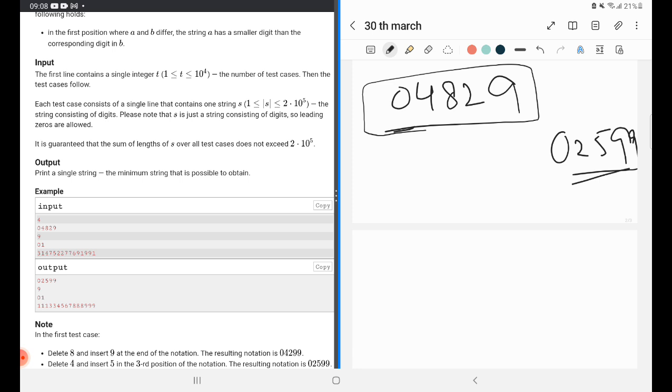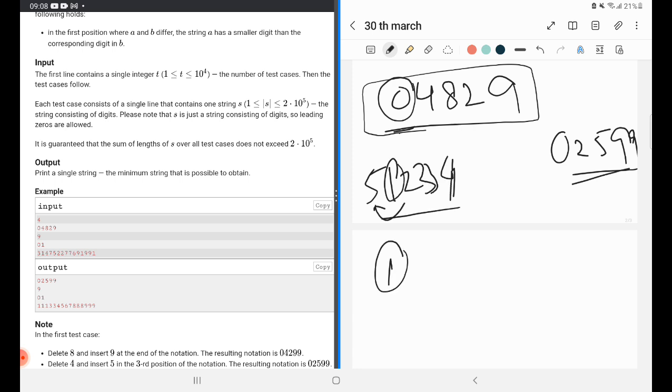So in this case 0 is the smallest digit, so we would always want 0 to be on the extreme left hand side. For example, instead of this, if we had let's say 5 1 2 3 4, we would try our best that this 1 is present on the left hand side. So we would want 1 to be the first digit, and then the rest of 5 2 3 and 4 to appear. We would never want this 1 to be in the second position.